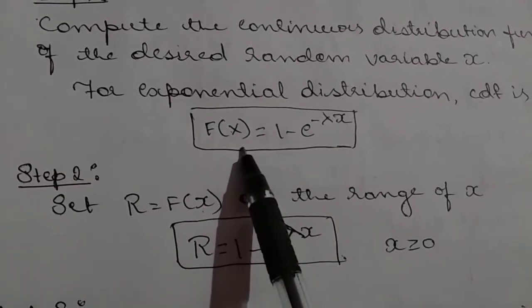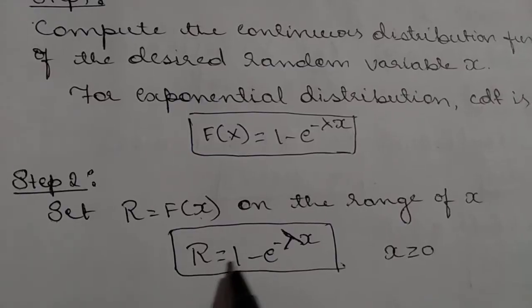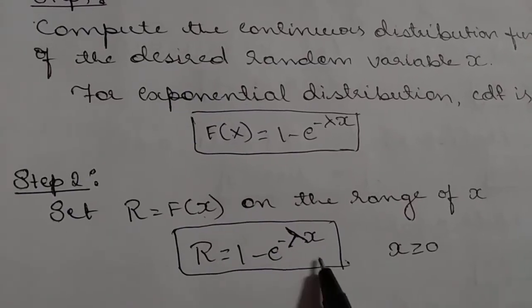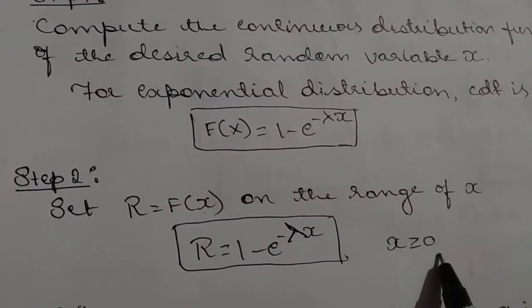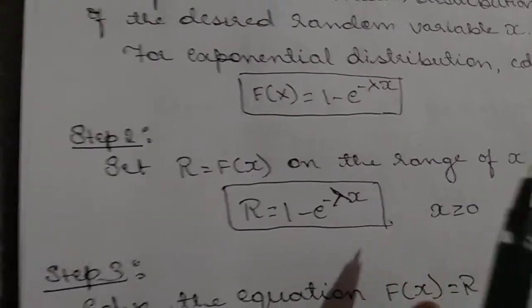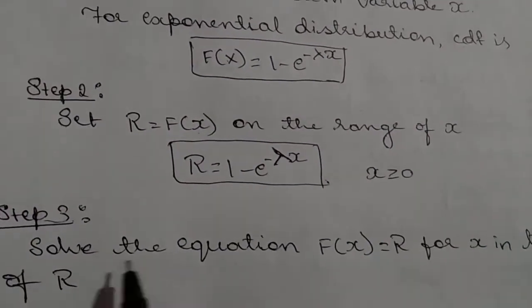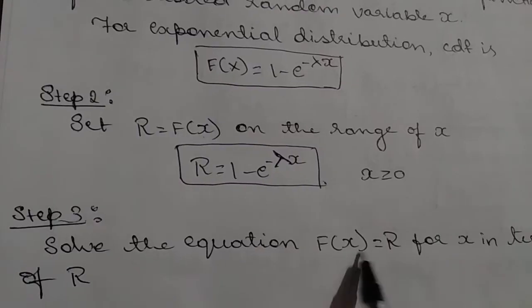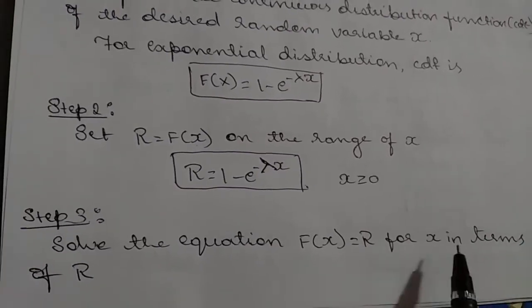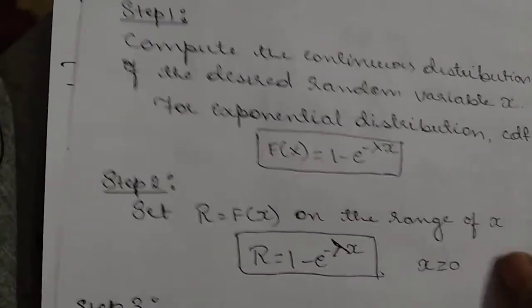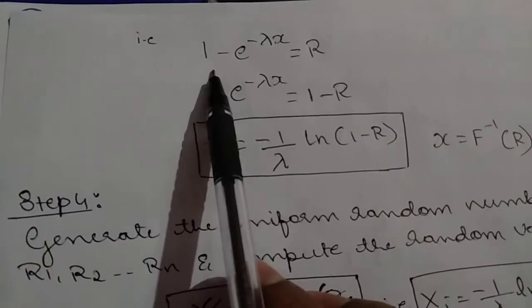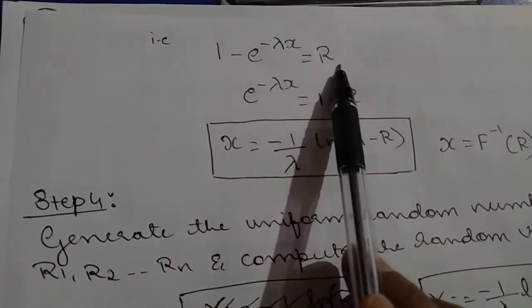Already we know f of x. So r is equal to 1 minus e power minus lambda x, where x is greater than or equal to 0. Next, step 3: we have to solve the equation f of x is equal to r for x in terms of r. So for that, 1 minus e power minus lambda x is equal to r.